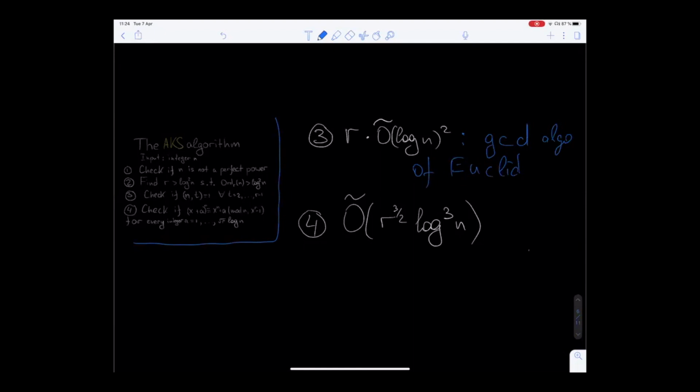And the fourth step, maybe that requires the most work. That's the most time-consuming step.